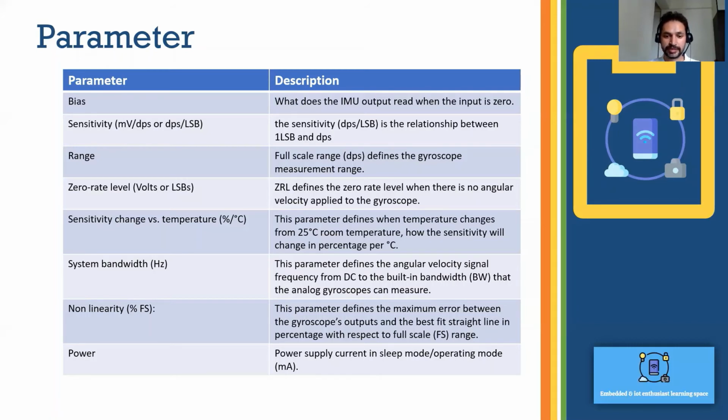The consideration is that they should have a robust sleep mode. If no motion is detected, it can go to the low power mode, and if they sense any motion, then they can go to the operating mode, and then the post processing of the data can start based on the design. So these are some of the parameters we need to consider while designing any product and selecting a gyroscope sensor for that particular use case.